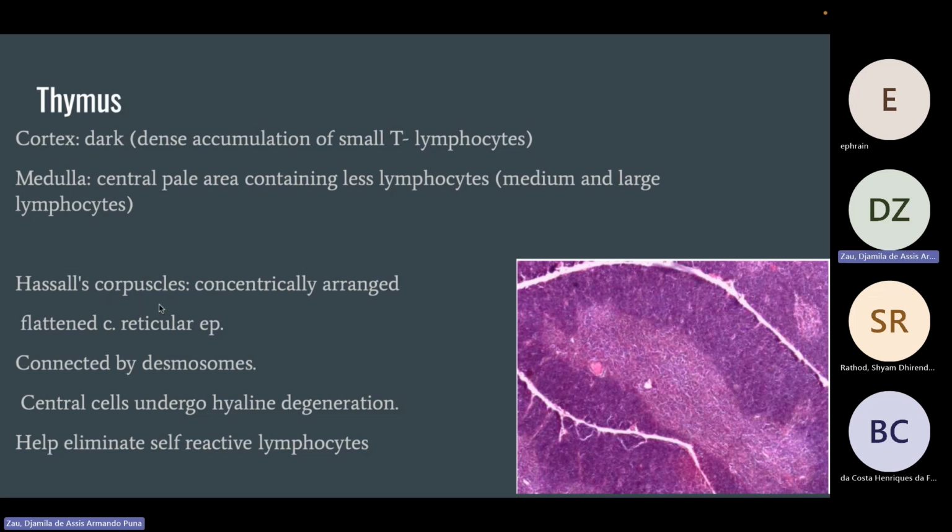The Hassall's corpuscle is a concentrically arranged structure of flattened reticular epithelial cells. It's connected by desmosomes, and the central cells undergo hyaline degeneration. And the Hassall's corpuscles help eliminate the self-reactive lymphocytes. I'm going to show you guys what they look like, but just know that when you see it, you are 100% in the thymus.